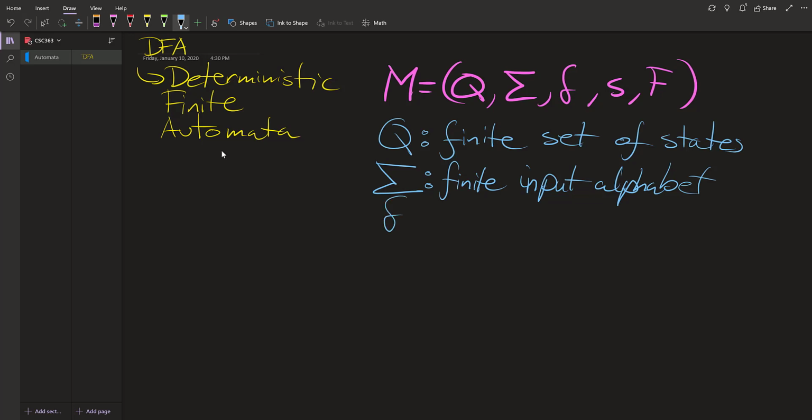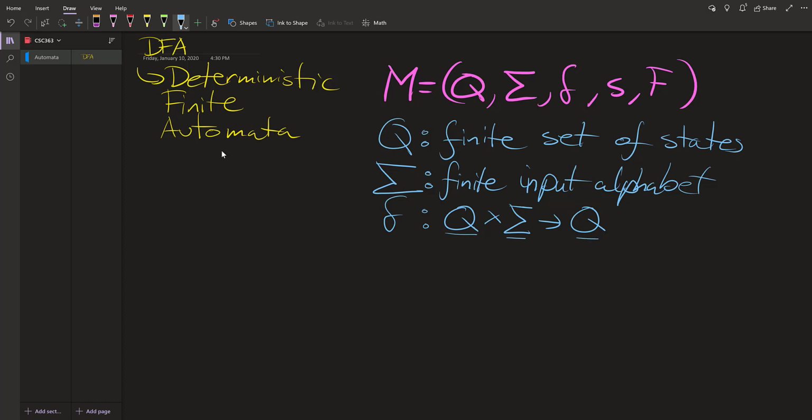We also have delta, which maps Q cross sigma to Q. So it takes in one state and one letter in the alphabet, and it gives us another state.